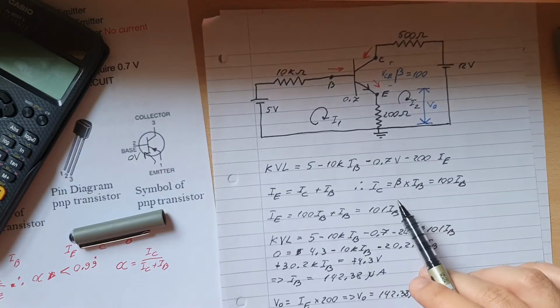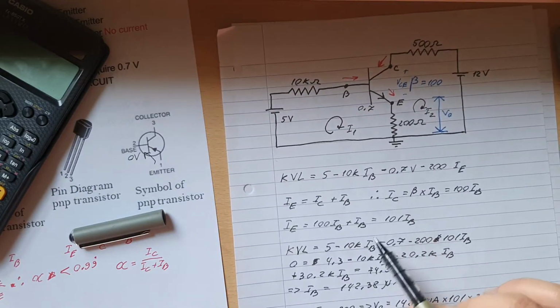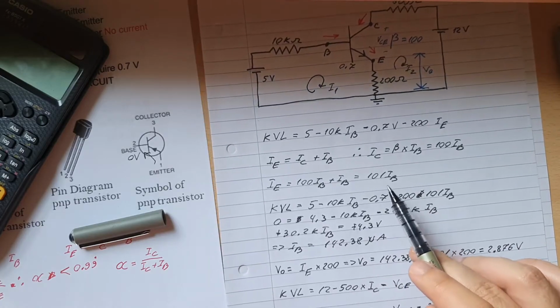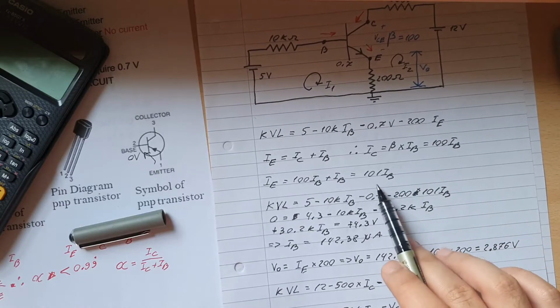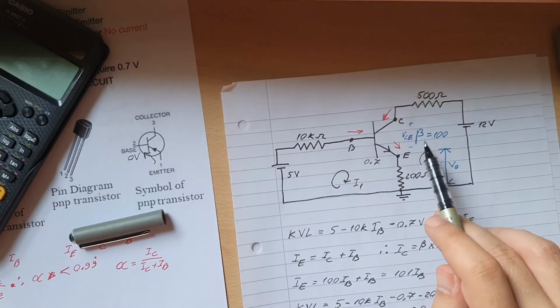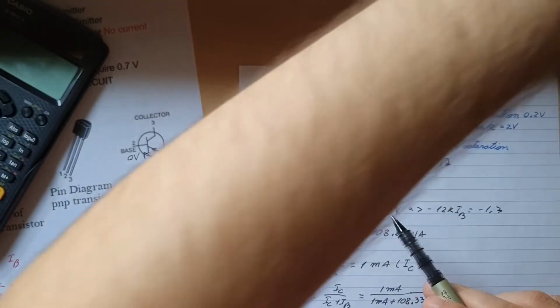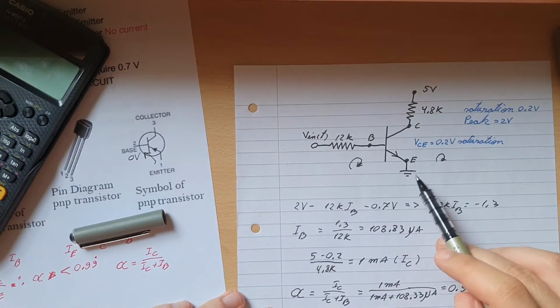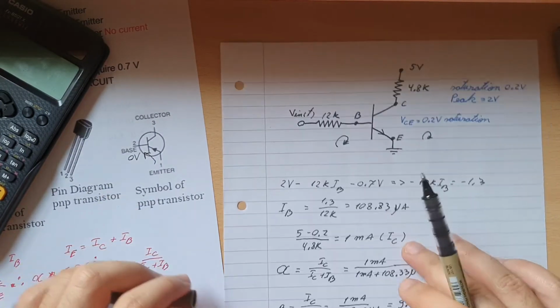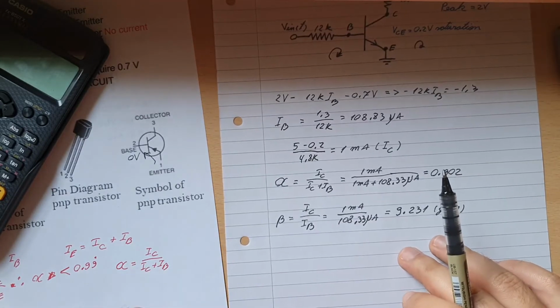If you had a voltage drop at the emitter, then we wouldn't be able to exchange the IE from here for the IB value because we don't know the beta. So you can find the beta and the alpha, but that's quite hard because it requires you to not have any resistance at the emitter. Anyway, that's basically how I calculate it.